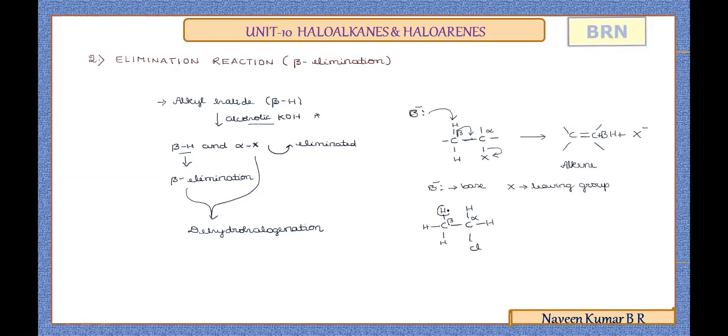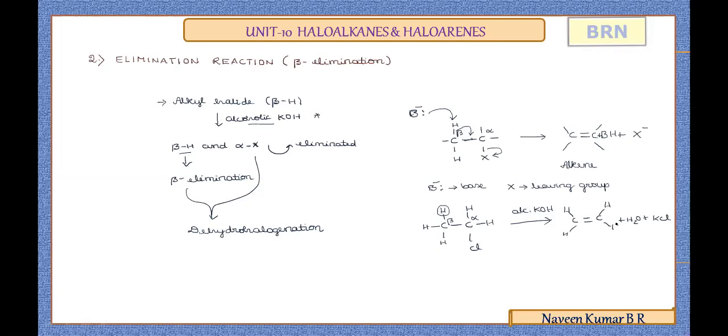Consider that one of the beta hydrogens gets eliminated in the process by treating with alcoholic potash. The base obtained from the potash, OH minus, will be accepted by one of the beta hydrogens, and that is eliminated as OH minus and H, forming a water molecule. The halide ion is accepted by the potassium ion and will be obtained as KCl. The resultant alkene formed from ethyl chloride will be ethene.